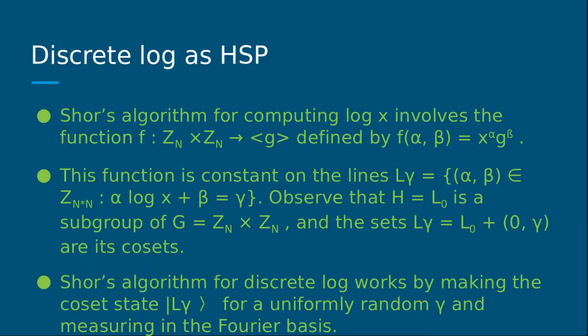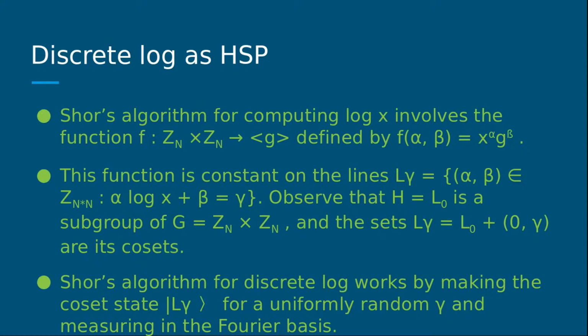Now we'll discuss some of the problems which are in the HSP. We have seen Shor's algorithm and the discrete log. In Shor's algorithm for computing log x, the function was from Zn cross Zn and defined as x to the power alpha, g to the power beta. The function is constant on the lines alpha log x plus beta equal to y.